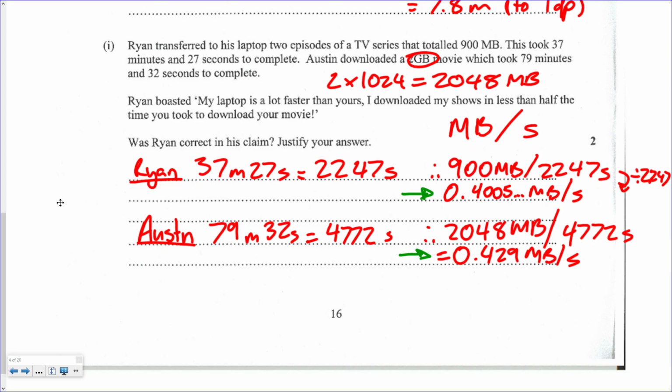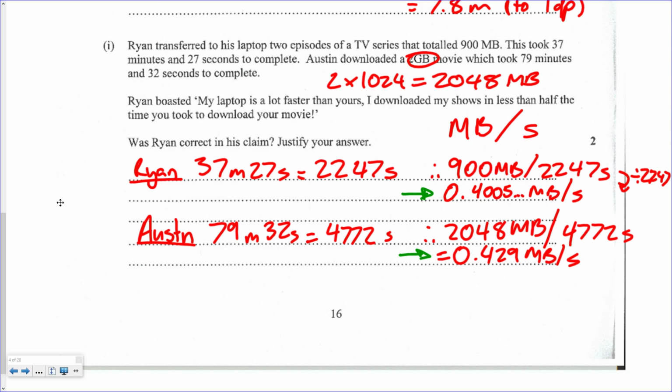Now just looking at those two speeds, going back to the claim, Ryan said that his laptop was faster, his download speed was faster. But in fact, what we're seeing is that Austin's speed was faster, because he's downloading 0.429 megabytes per second, whereas Ryan's downloading less than that.